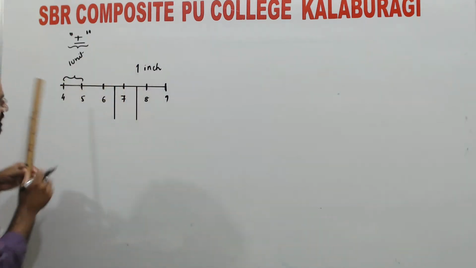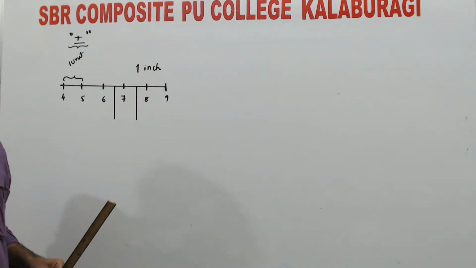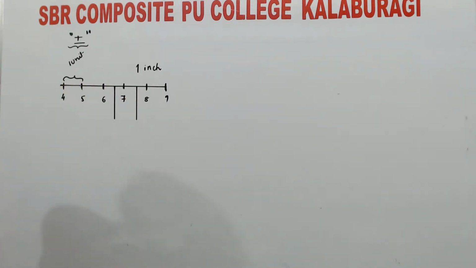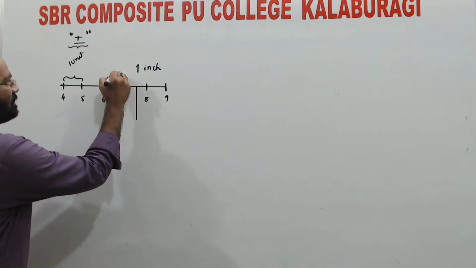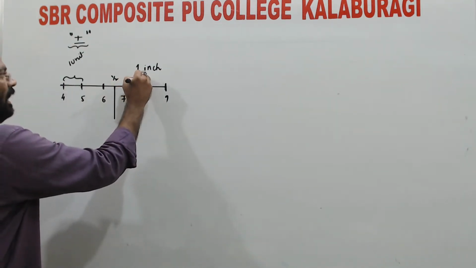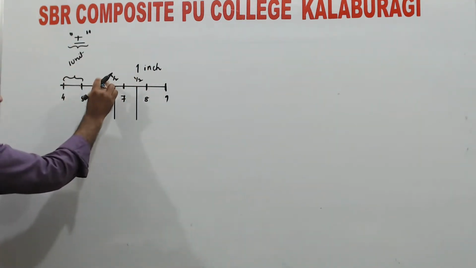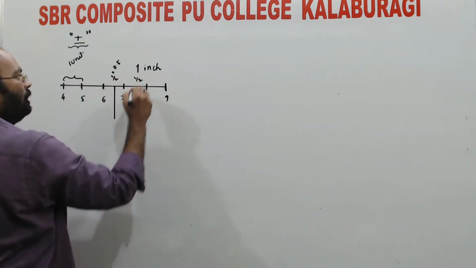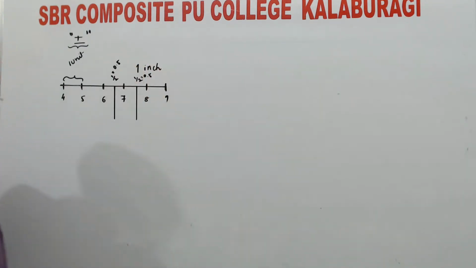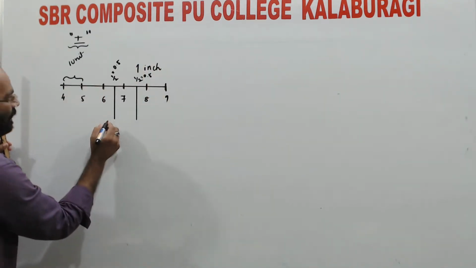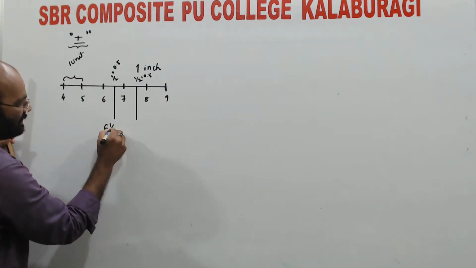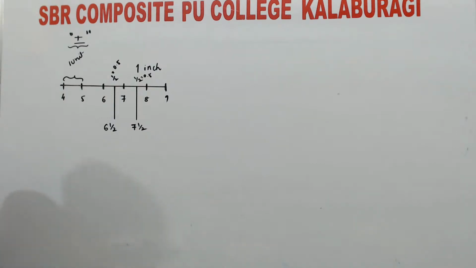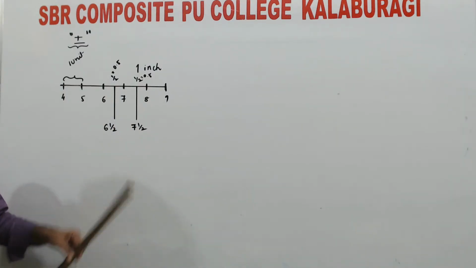Because it only measures 1 unit, if it lies here, then how can I mention the value? Then you would say, oh sir, it is going to be half over here, and half of this will be here. Half can be written as 0.5. Then how can I mention this? This value may lie at 6.5, or I can write this one as 7.5.